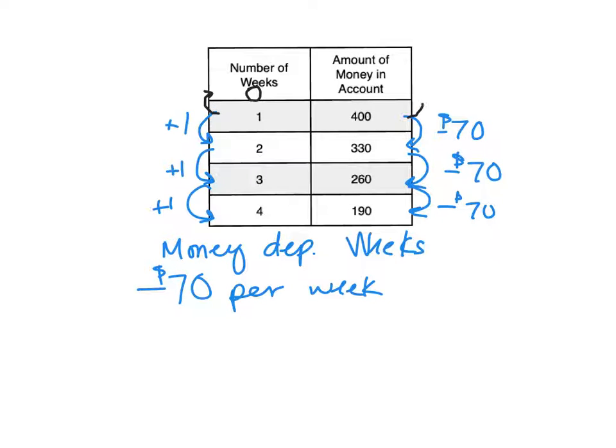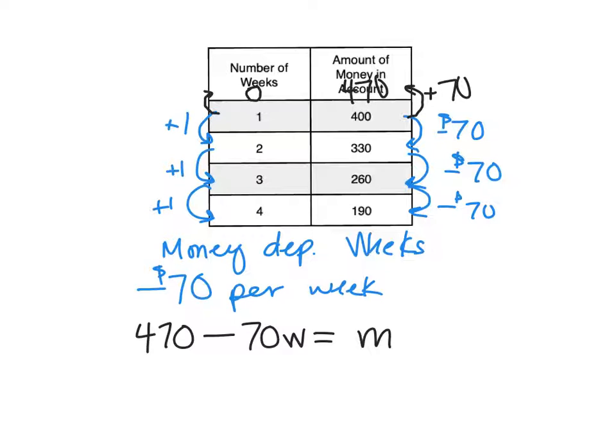So we can work our way backwards, and that means that I'd put back another 70, and so I'd have 470 in my account because I'm working backwards. So that means my equation starts off with $470. I'm spending $70 every week, and that's how much money is in my account.